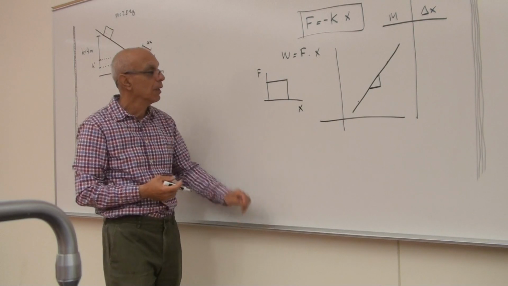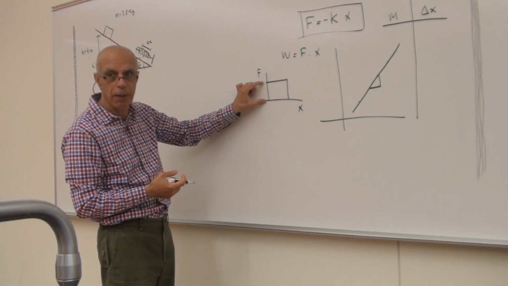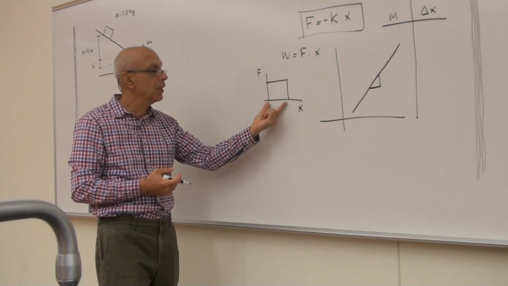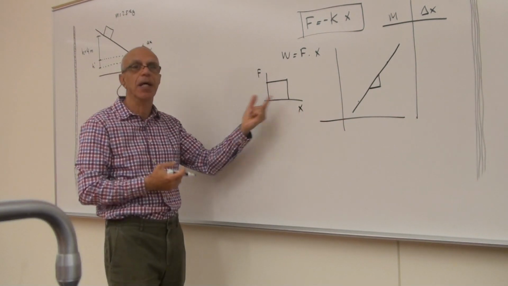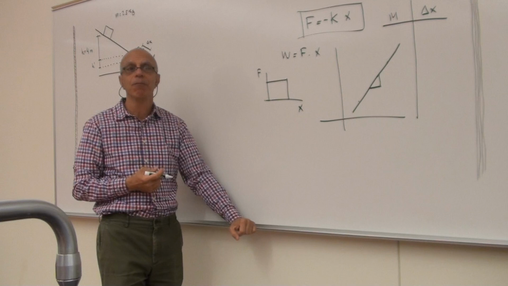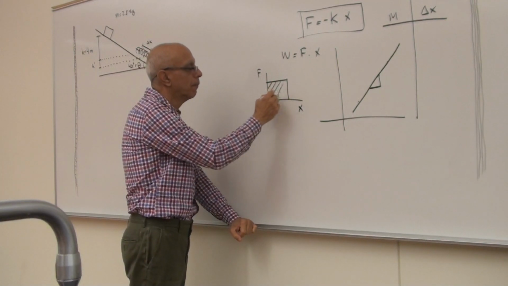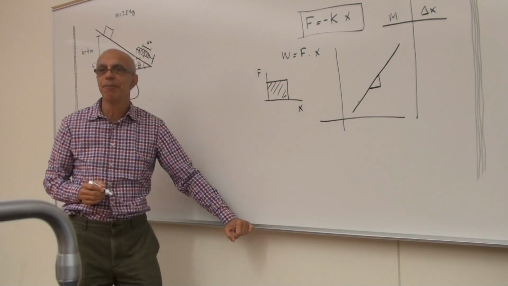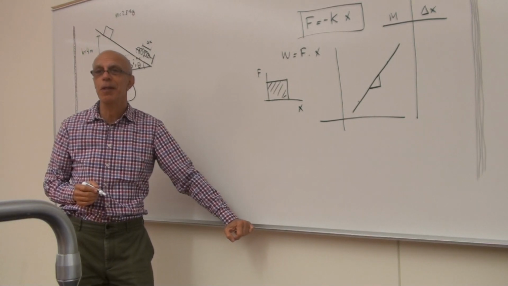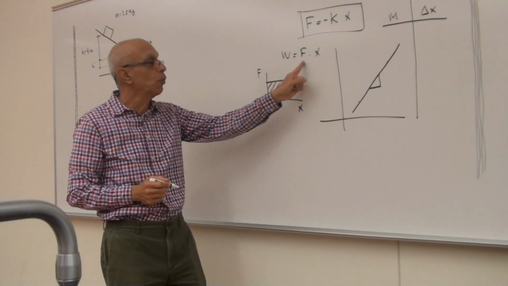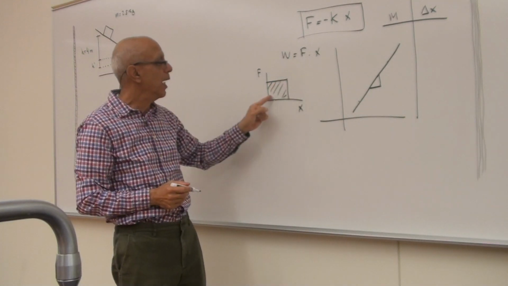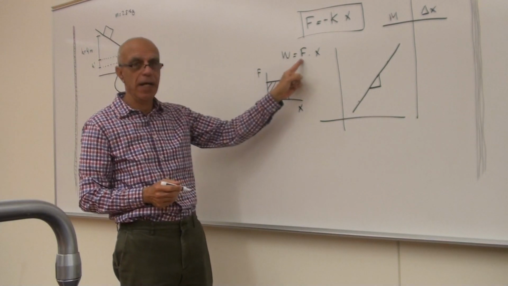F is this value here, x is this value. What is F times x? The area. Okay? You guys agree with me? So if the force were constant, the area would be just F times x.